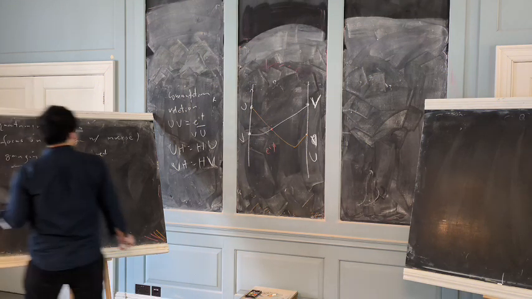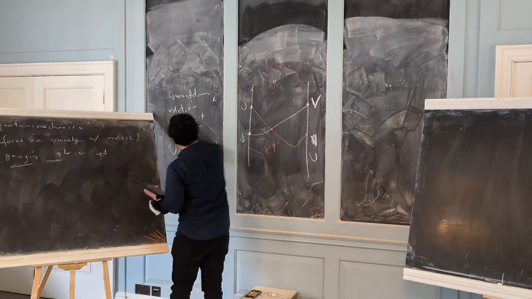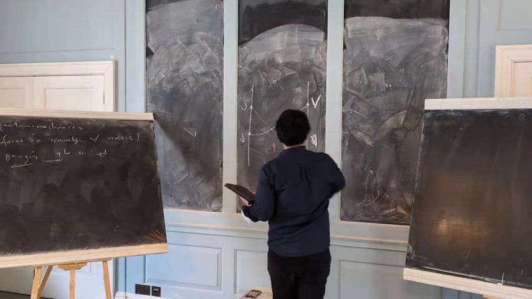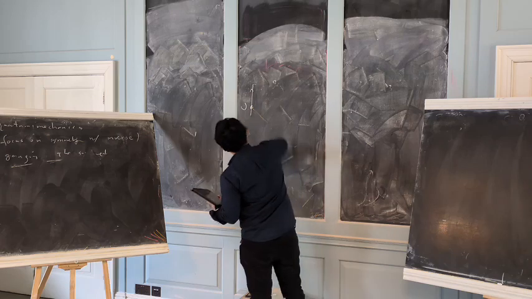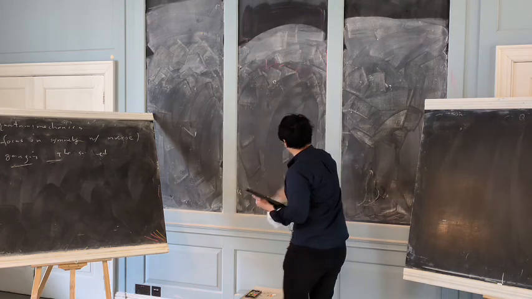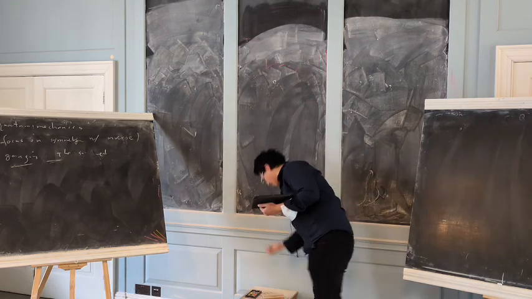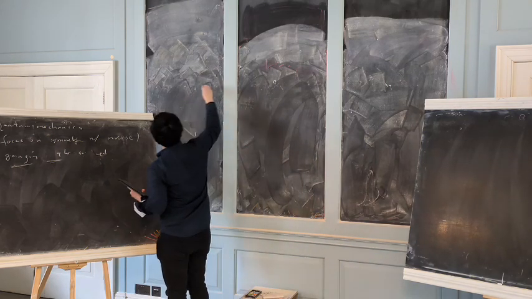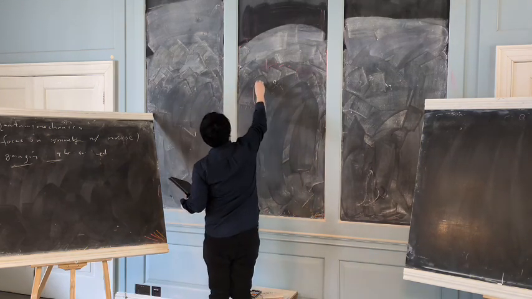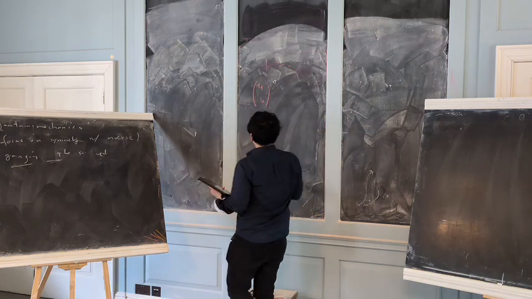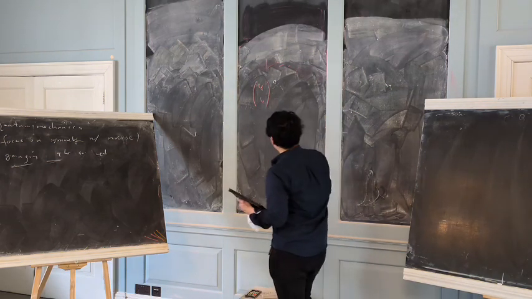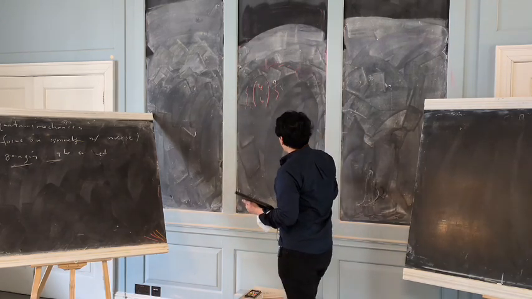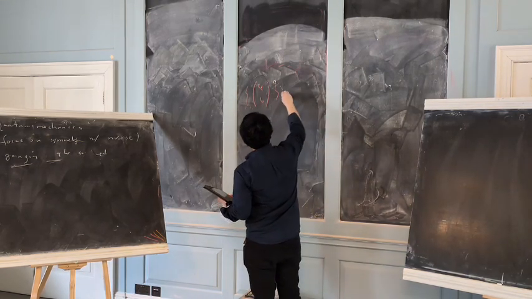The Hilbert space is labeled by a two-component complex vector, so this is one state in your Hilbert space. And the Hamiltonian is 0.